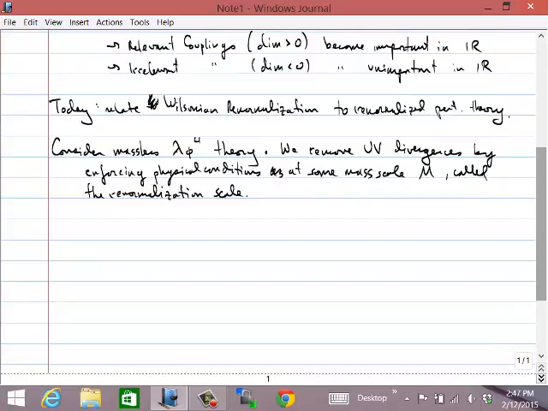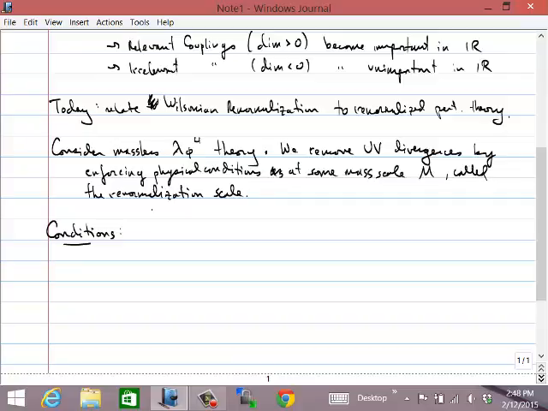So the renormalization conditions that we impose have to be imposed at some energy scale. So we're considering a massless phi to the 4 theory, so there's no dimensionful parameter in this theory, so we just have to pick some scale that I called capital M, at which we want to impose our physical conditions.